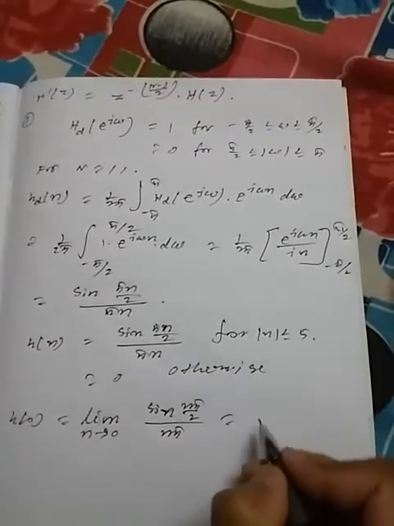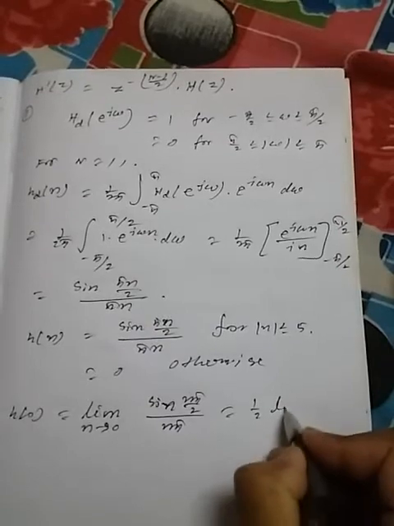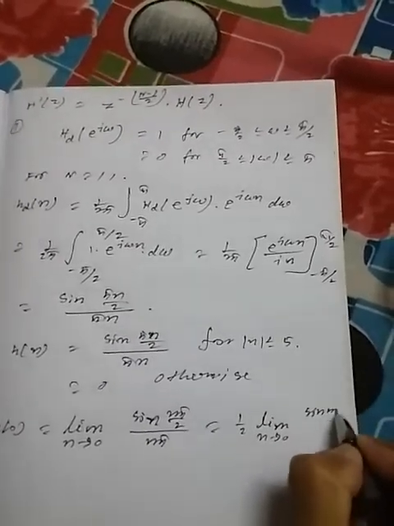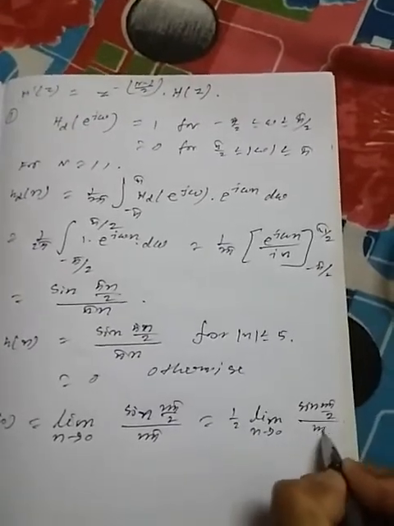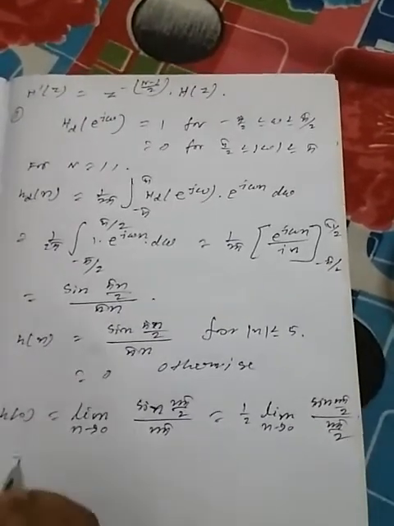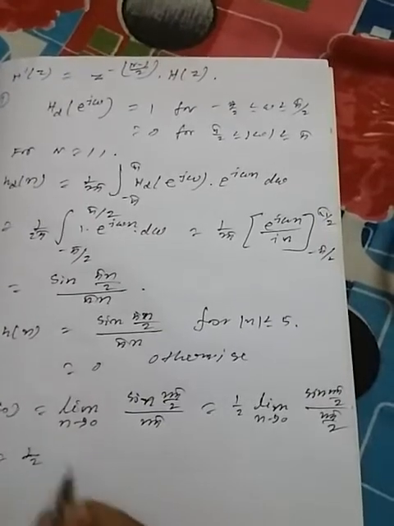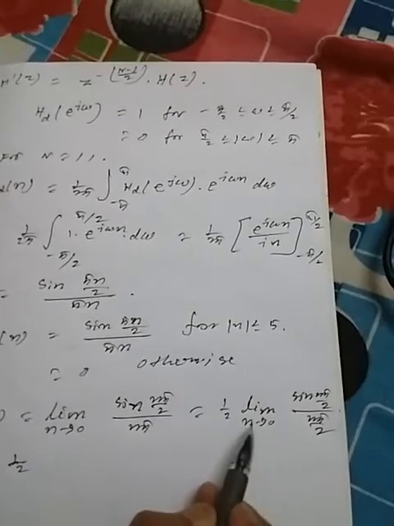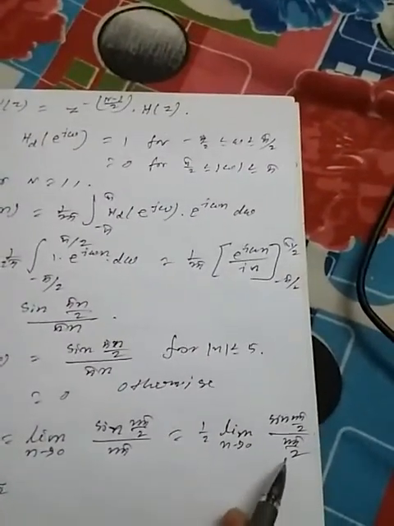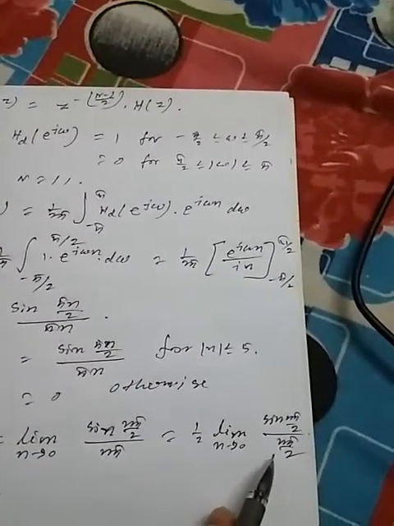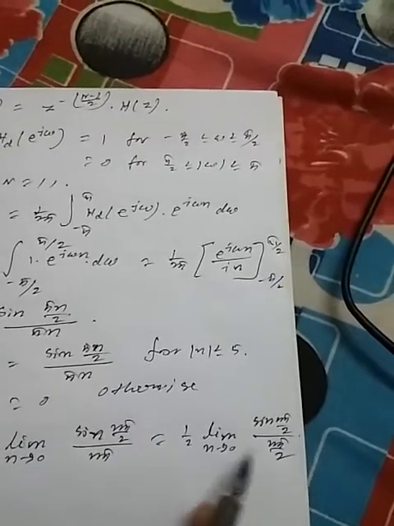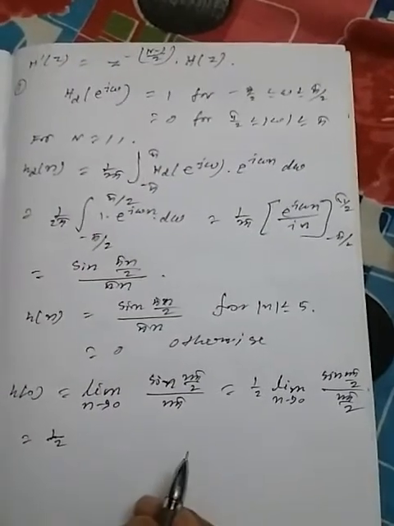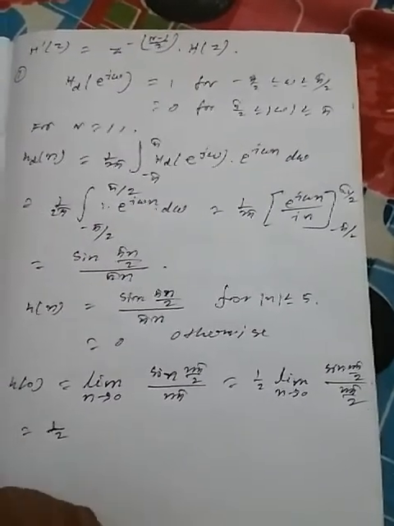So here it will be half times limit n tends to 0 of sin(nπ/2) by (nπ/2), which will be equal to half, because as we know from the formula of mathematics, limit θ tends to 0 of sin θ by θ has a value of 1. So it will be half into 1, so half, right? So the value of h0 is half.